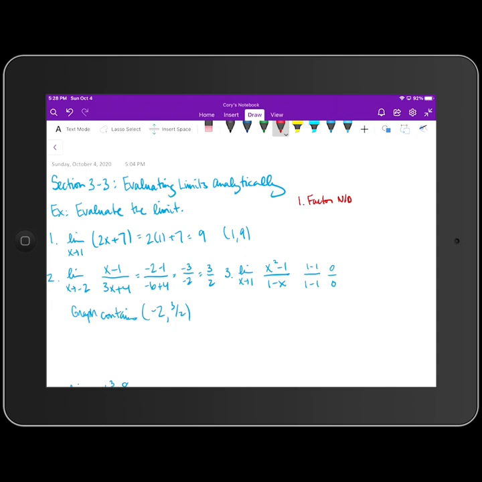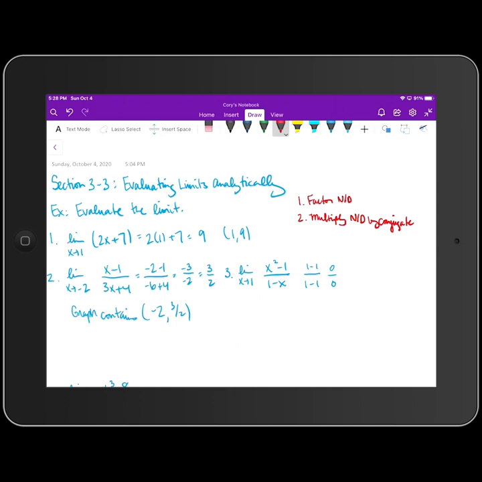The second technique, if the first technique does not work, is to multiply the numerator and denominator by the conjugate. Hopefully you know what a conjugate is. If not, we'll talk about it when we get into examples where we have to utilize that technique.